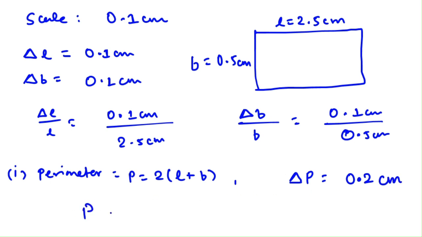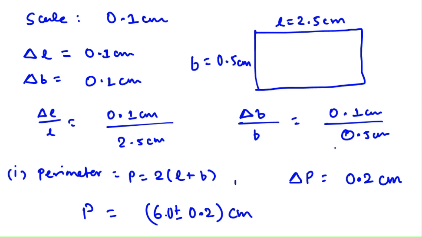And we can report this value perimeter to be twice of L plus B. This will be 2.5 plus 0.5, that will be 3 centimeter, twice, 6 centimeters. So 6.0 plus minus 0.2 centimeter. This way we can report the value for perimeter.